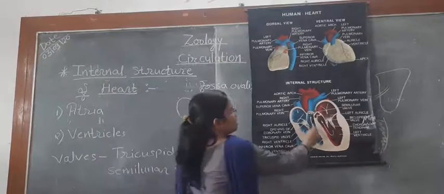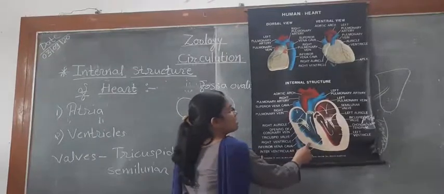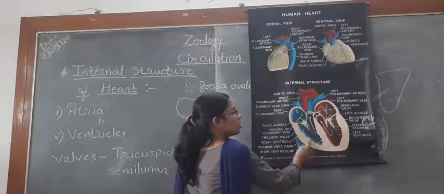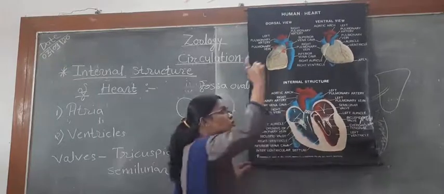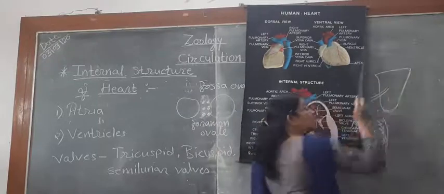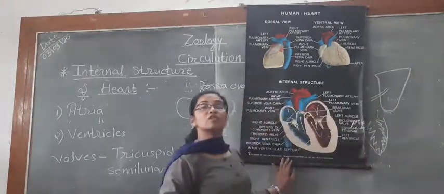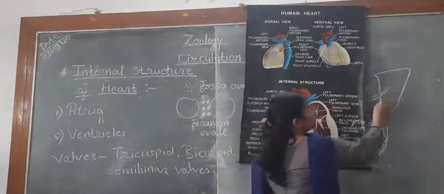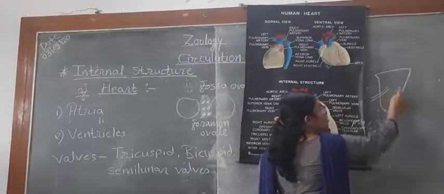From the right ventricle there is the rise of the pulmonary trunk, which collects the deoxygenated blood and goes towards the lungs, where the exchange of gases, CO2 and O2, occurs. So the pulmonary artery carries deoxygenated blood.